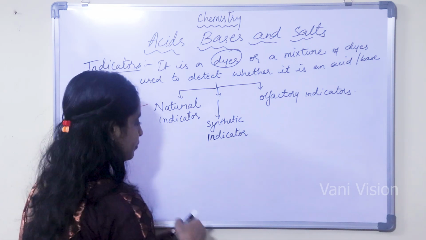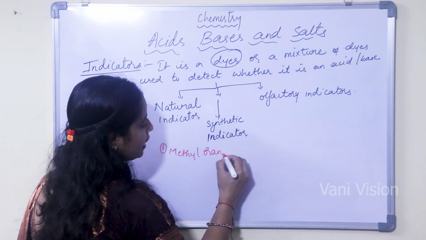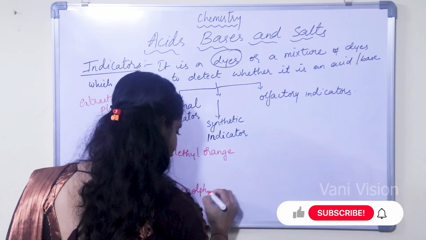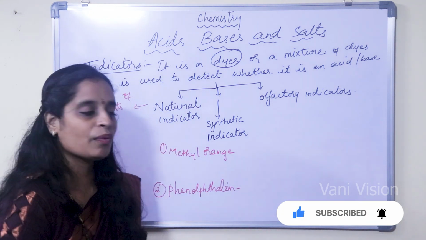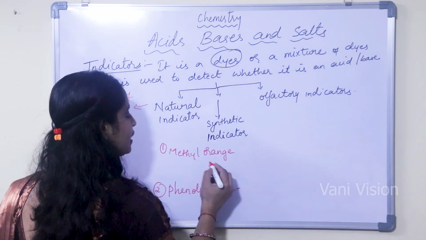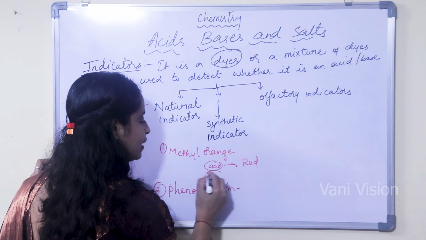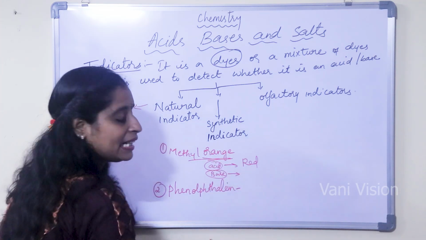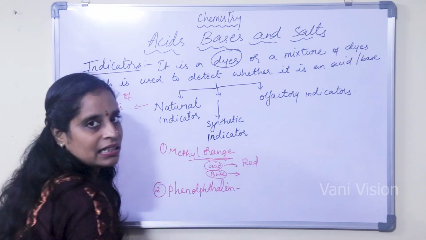The first one is methyl orange, and the second one is phenolphthalein. When methyl orange is added to an acid, it turns red. Methyl orange itself is orange in color.